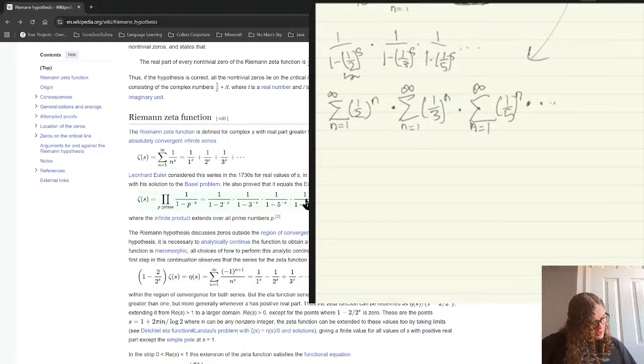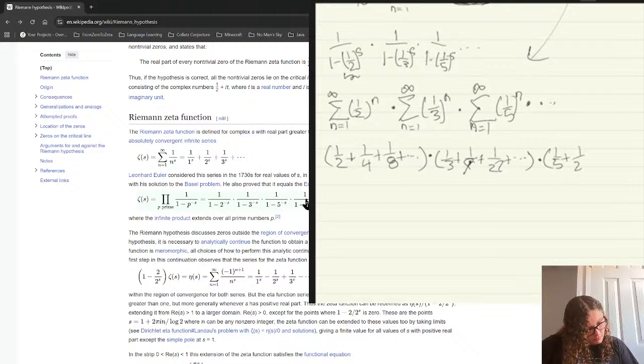Because when we write this out, we get 1/2 plus 1/4 plus 1/8 plus, and you keep going. And then we're multiplying that with the powers of 3, so 1/3 plus 1/9, plus 1/27, and so on. And we're multiplying that with the powers of 5, and so on.